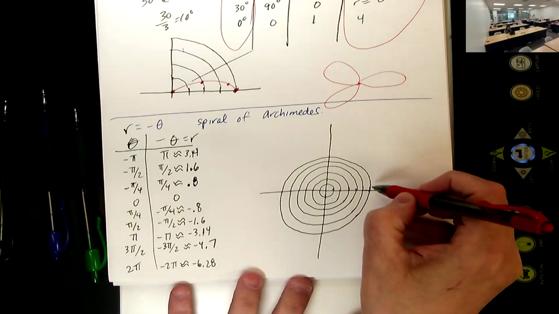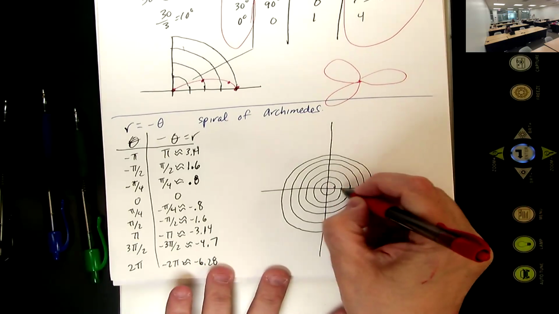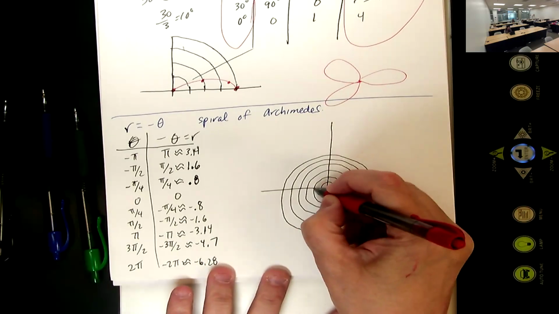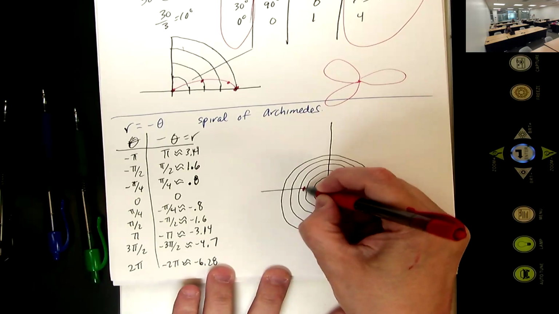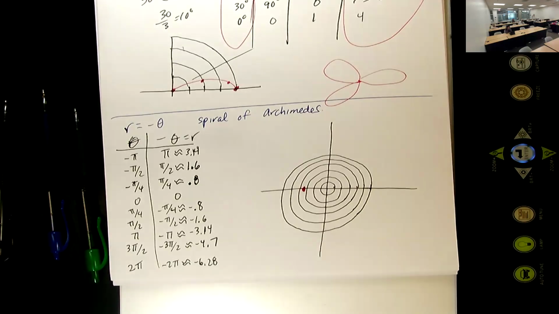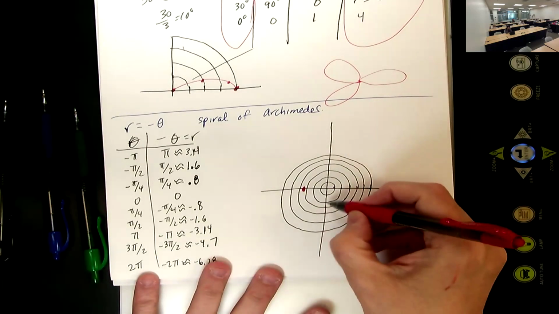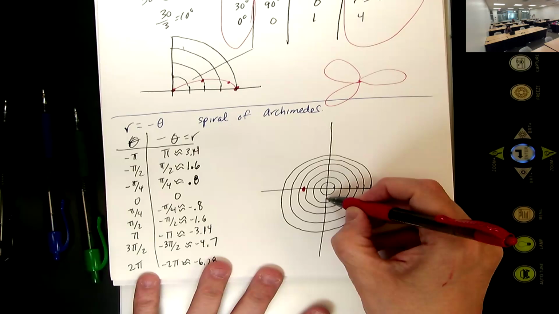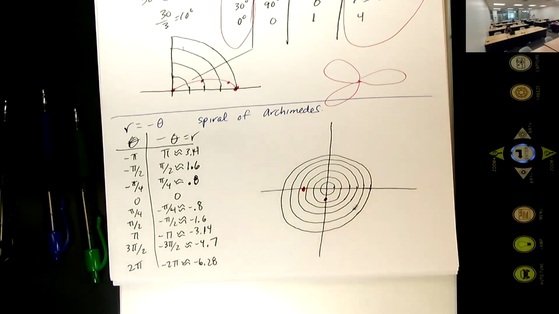So when theta equals negative pi, I'm going out 3.14. Negative pi is over here. 1, 2, 3, a little bit past it. Negative pi over 2 is down here and it's only like 1.6, so between ring 1 and 2.